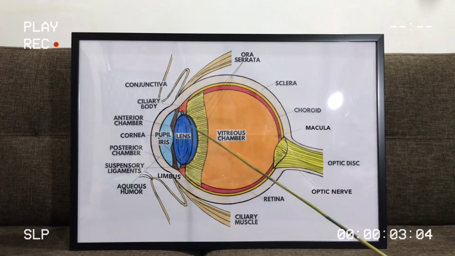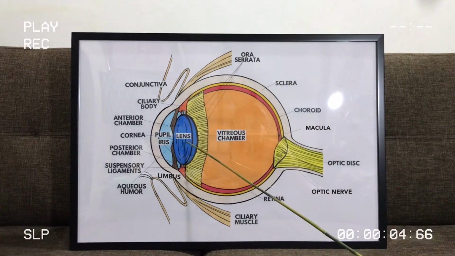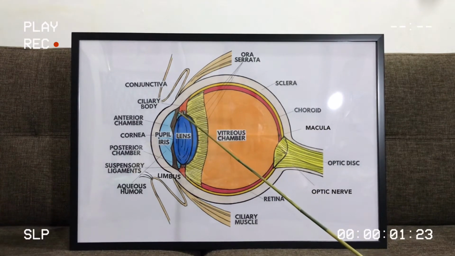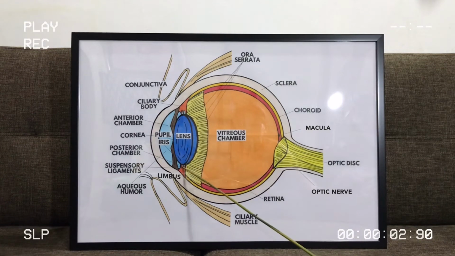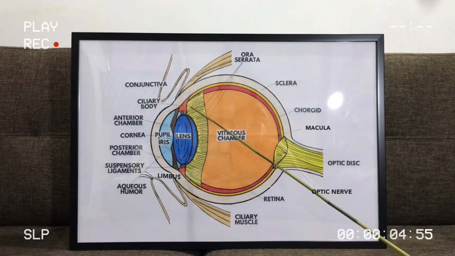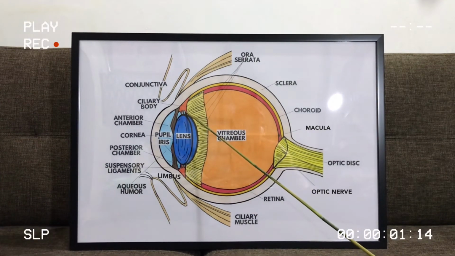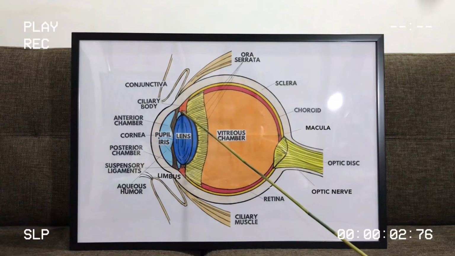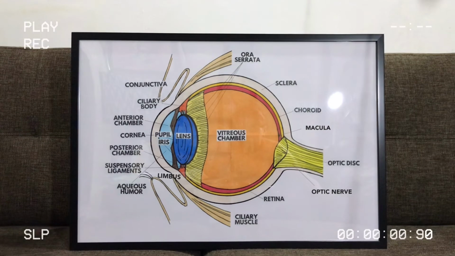The lens is suspended from the wall of the eye by many small fibers called suspensory ligaments, also known as zonules of Zinn. These are structures that help to maintain the position of the lens in the optical path, and anchor muscles that change the shape of the lens to alter focus.